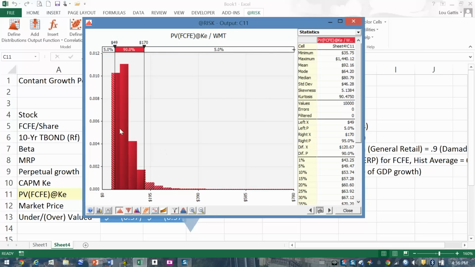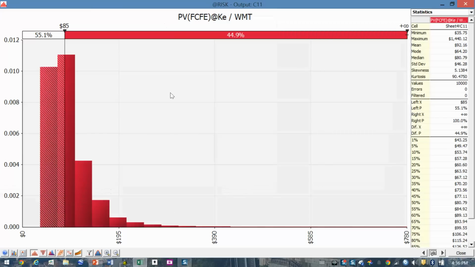And here's my payoff. First of all, I'm going to type up here, the current stock price is 85. So based on my model, my understanding of Walmart, it looks like 55% of the time I'm going to lose money. 45% I'm going to make money, but when I make money with the distributions I put in, I can make a lot of money and I could lose a little.